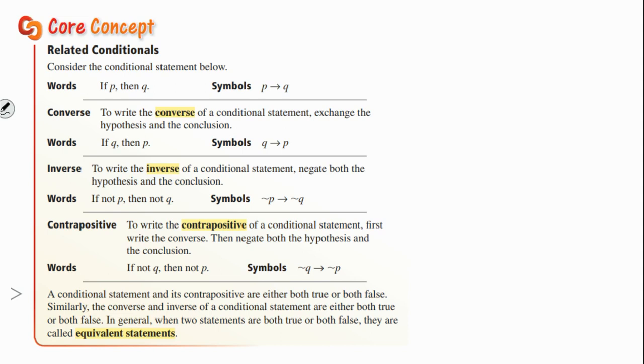A conditional statement has two parts: an if P, then Q form. If you remember, P represents the hypothesis, so that's what we are assuming, and Q is the conclusion.